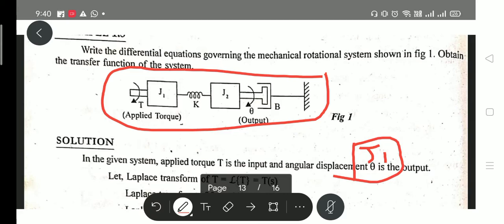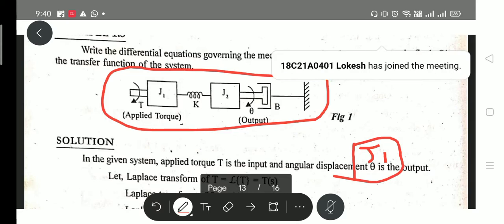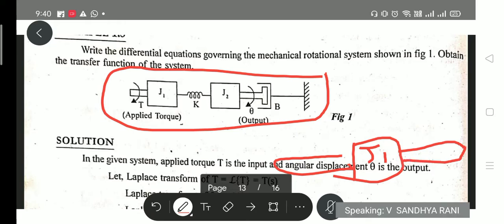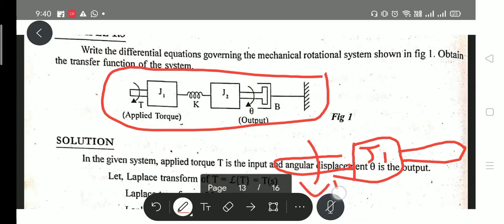Here also it is the same. First take J1, then take whatever elements are connected to J1: T and k, that is Tk.